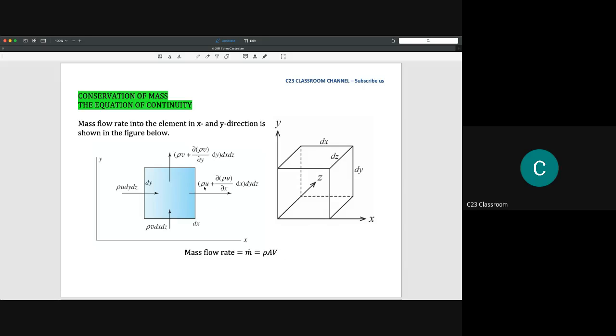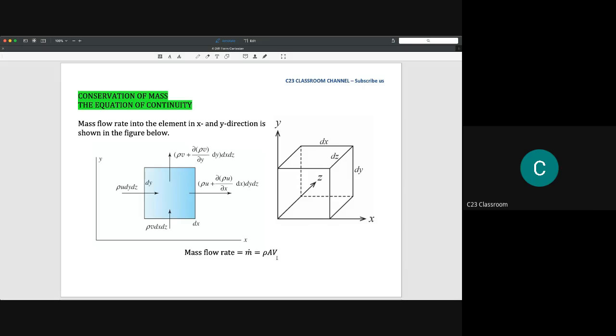However, for rho and V, in this situation we are discussing rho and u. For rho and u, we write rho u plus del rho u over del x, because we need to use the partial differential method. The idea is we have density and we have velocity.